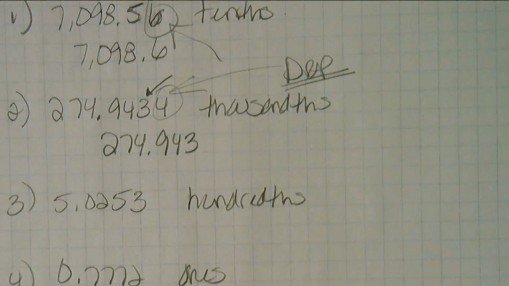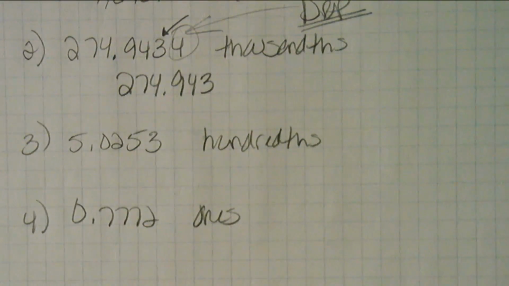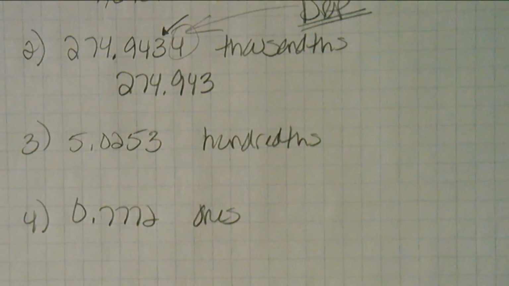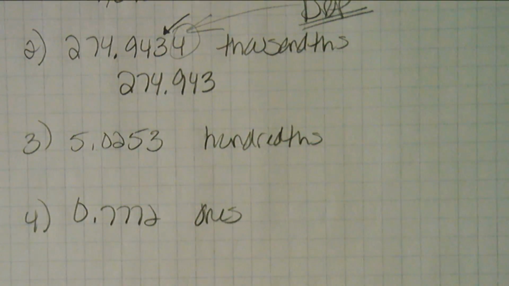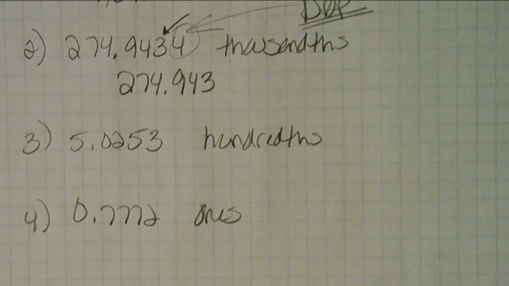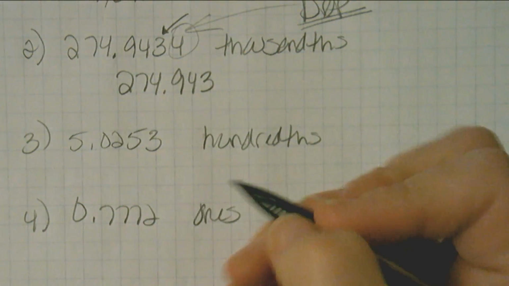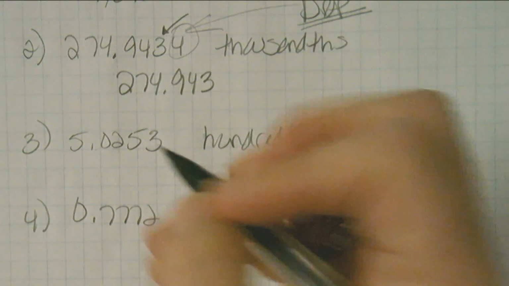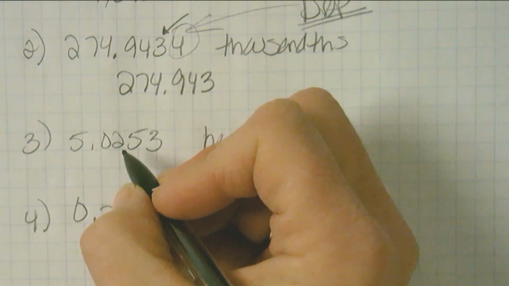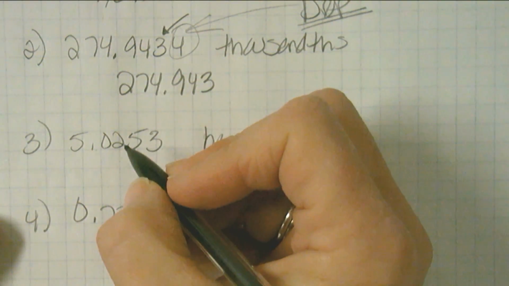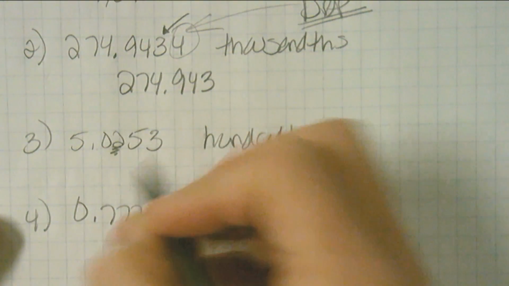Anything after it. All right, how about number 3? What number is in my hundredths, and what would that round to? Frankie? What number's in my hundredths in number 3, and tell me what I'm going to round that number to. What digit is in my hundredths? All right, what's my new number?